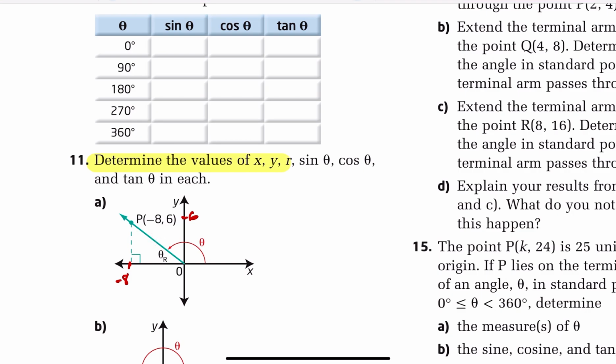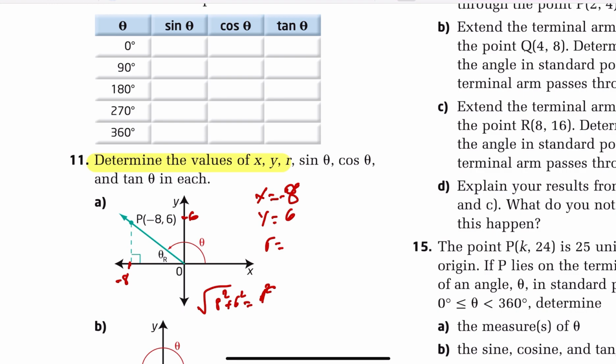So x is minus 8, y is 6, and r: 8 squared plus 6 squared equals r squared. Just square it to get your r.